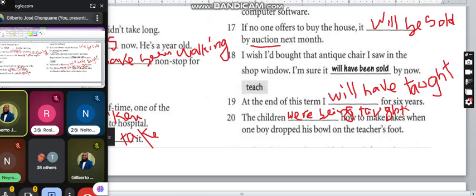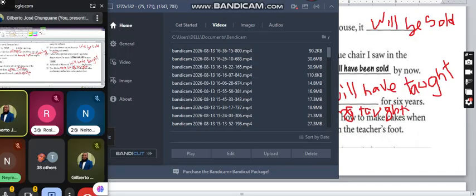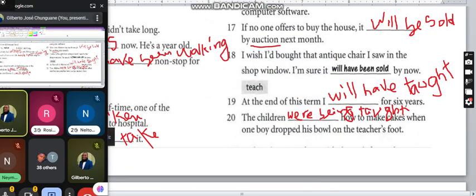When you were at secondary school, you were taught that the present simple tense, for instance, is used for things that happen regularly.